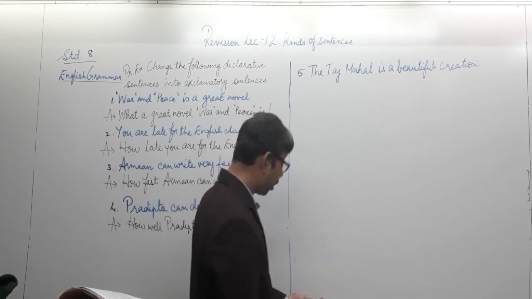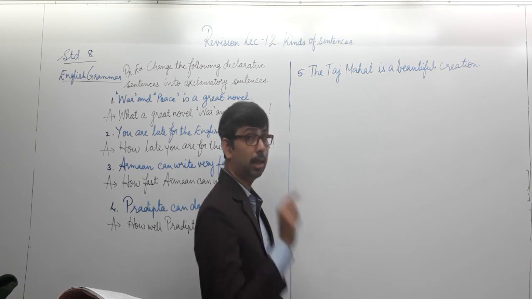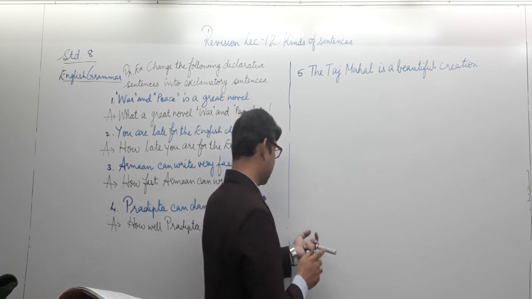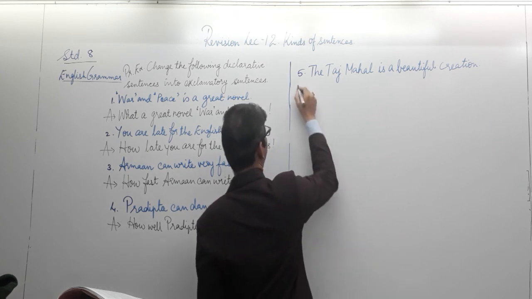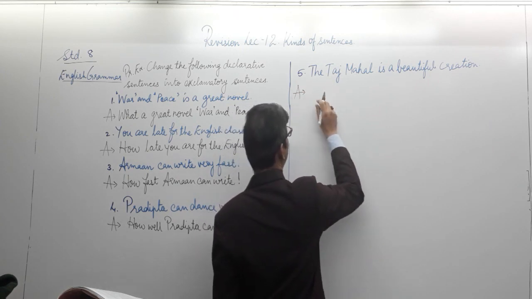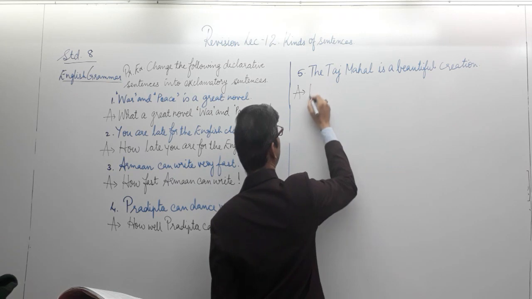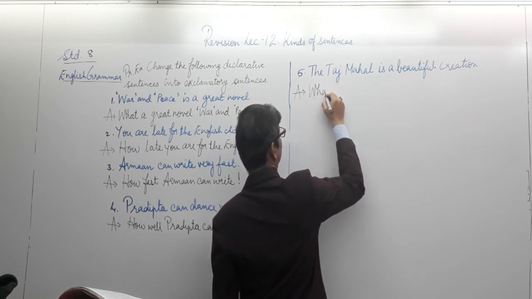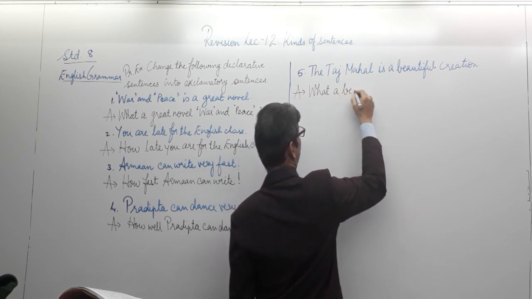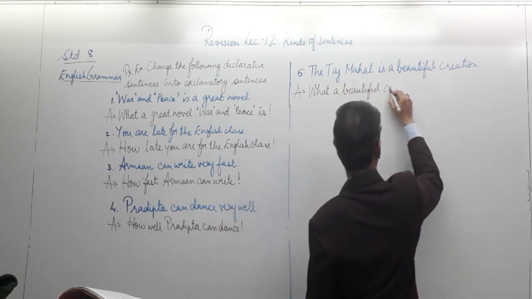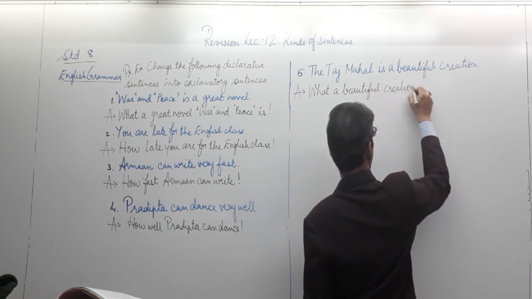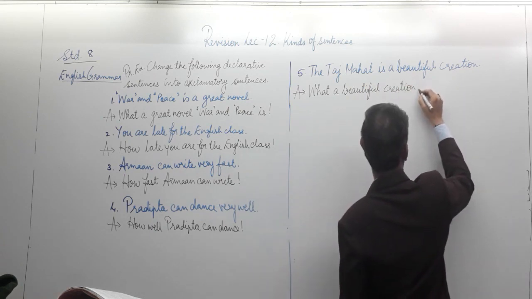Hence we will be using what: what a beautiful creation the Taj Mahal is, and not how a beautiful creation the Taj Mahal is. That would turn out to be an incorrect sentence. Hence we will be writing the answer: what a beautiful creation the Taj Mahal is.